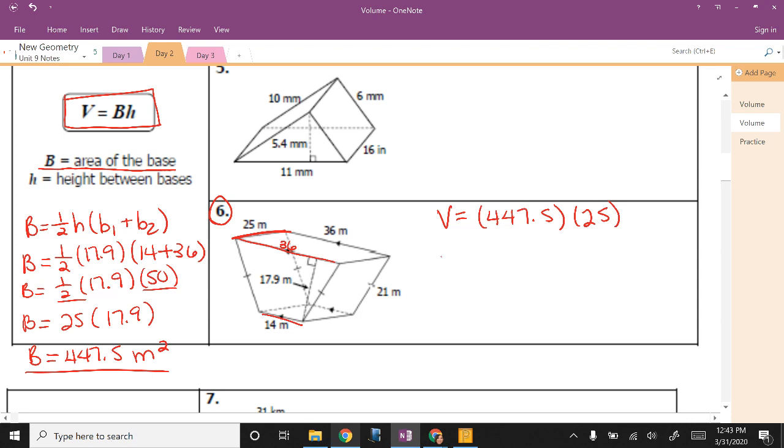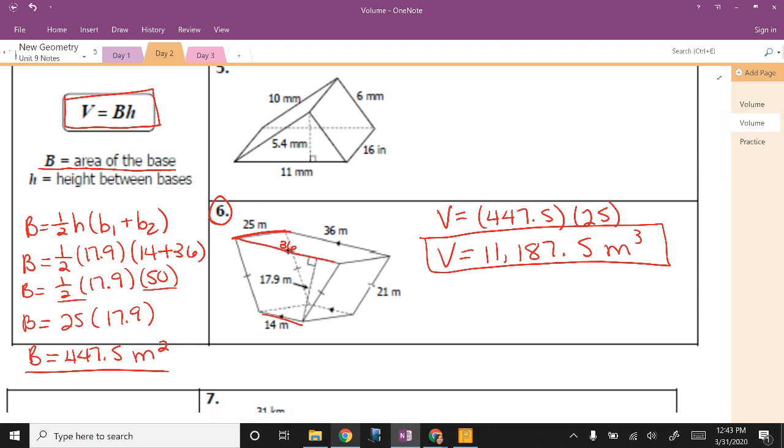So remember, the height that it's talking about is the distance between its bases. So I'm going to use my calculator, 447.5 times 25. I'm getting a big number, 11,187.5. And remember our units. This time it'll be cubic meters. Okay. So that is a volume of a prism. It's the area of the base times the height.